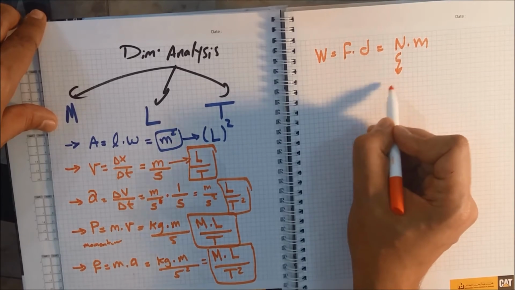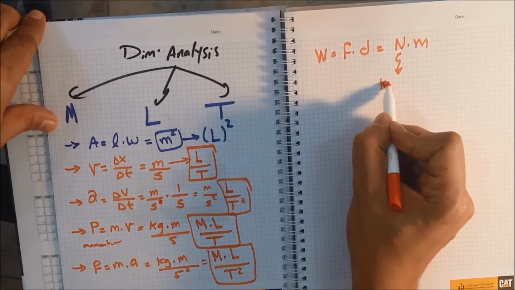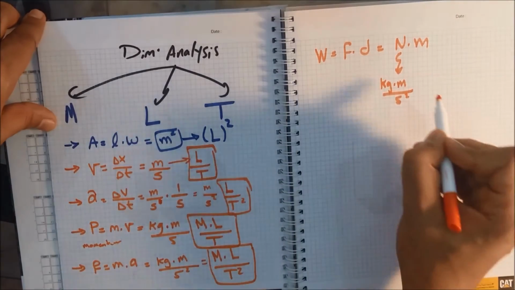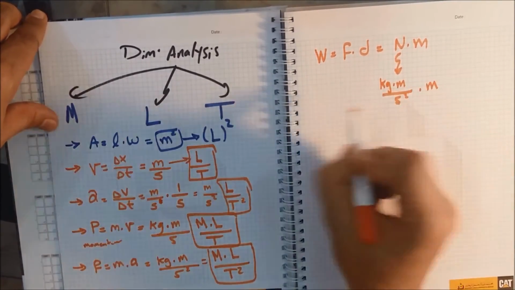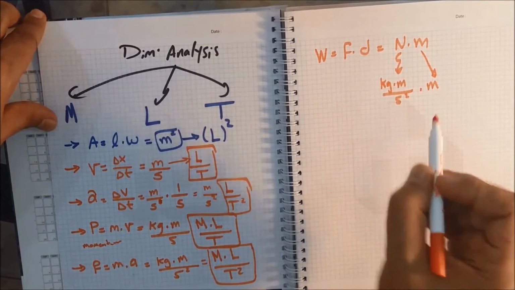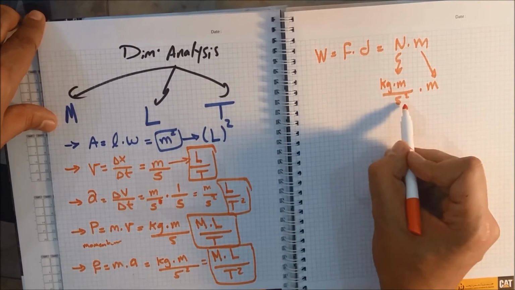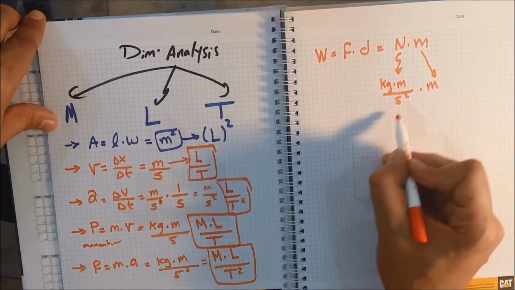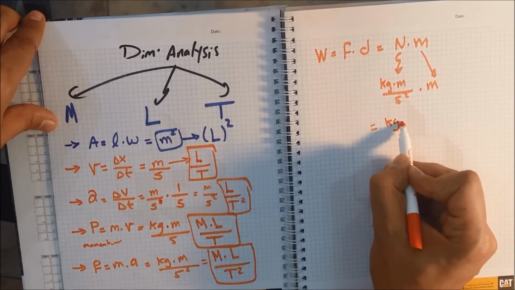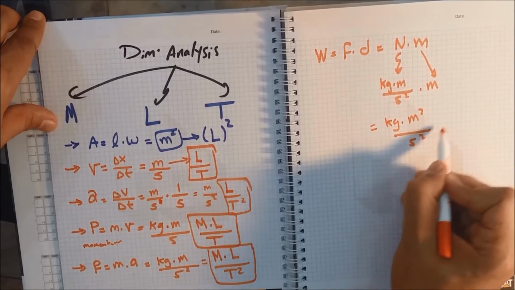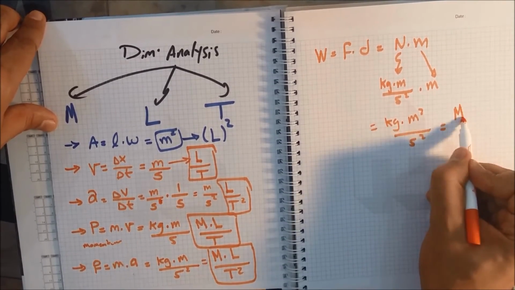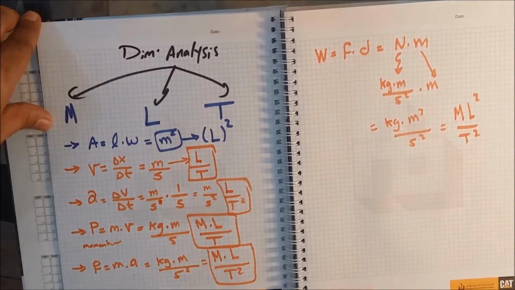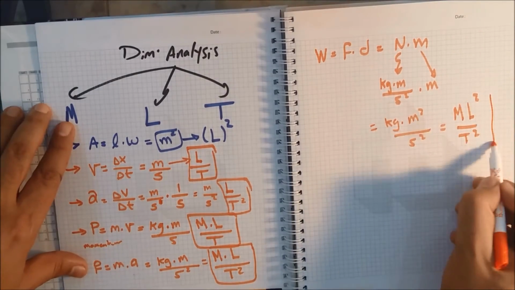The newton is kilograms meters per second square, because it's a force. And meters is meters, keep it like that. So kg meter per second square is the newton, and the meter is a meter here. Make it more simple, it would be kg meter square per second square, which is equal to M L square over T square. So this is the dimensional analysis of work.